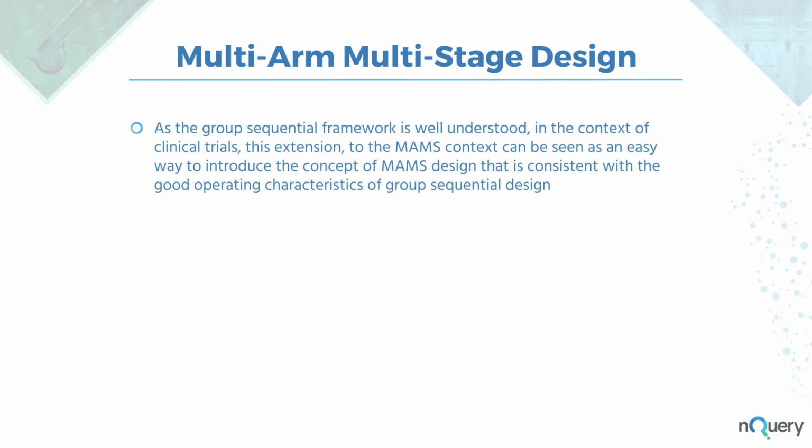As the group sequential framework is well understood in the context of clinical trials, this extension to the MAMS context can be seen as an easy way to introduce the concept of MAMS design that is consistent with the good operating characteristics of group sequential design.